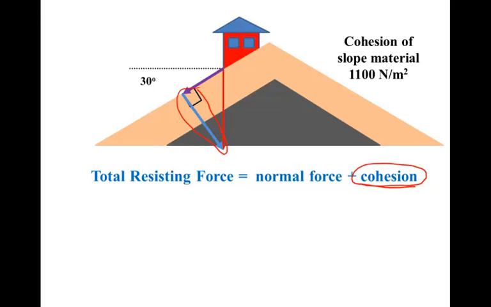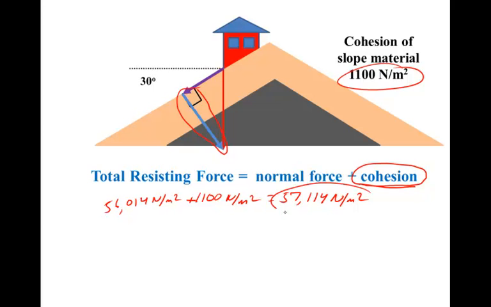So our total resisting force then becomes our normal force, which we just calculated, 56,014 newtons per square meter, plus the cohesion of the material that makes up this particular slope. In this example, it's 1,100 newtons per square meter. Same units, we can just add these together. Our total resisting force becomes 57,114 newtons per square meter.